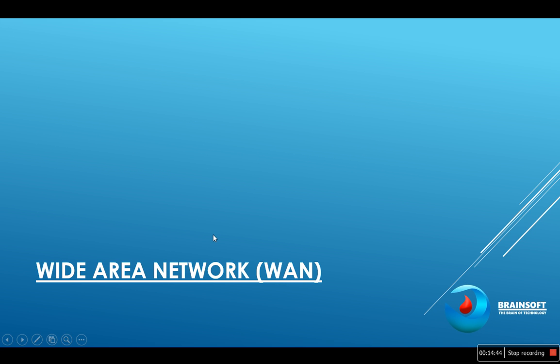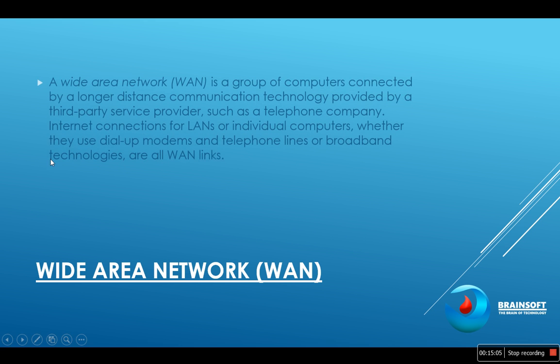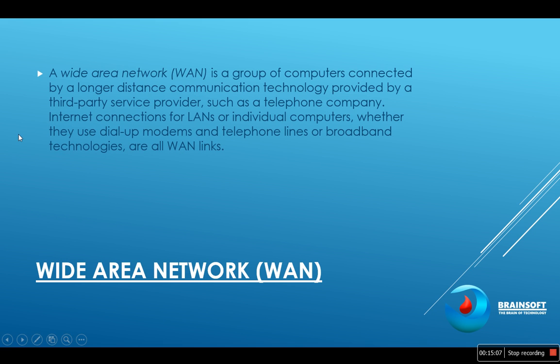Now let us move on to what we call the wide area network. That is the WAN. We now know the local area network, so what about the WAN? A wide area network is a group of computers connected over a longer distance.